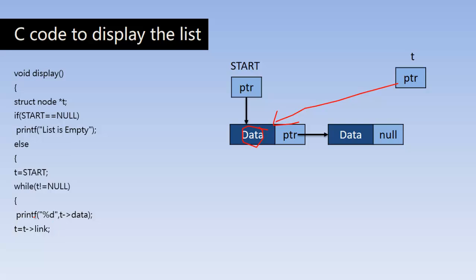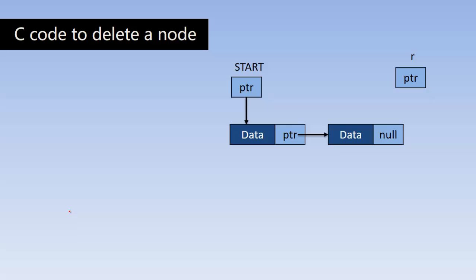Just by putting the link of T again inside T. So the link of T is this, and again we are putting it back here. So now T is pointing to this node, right? Here T equals null, so this case fails, the while will expire, and the while condition will fail, right?